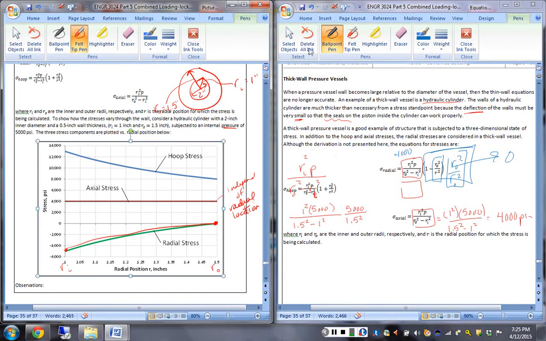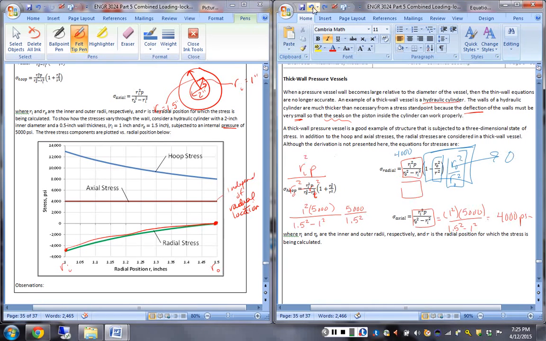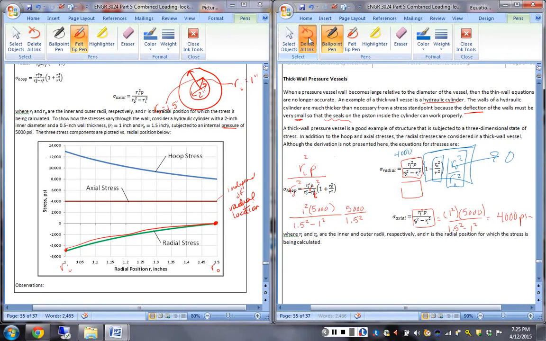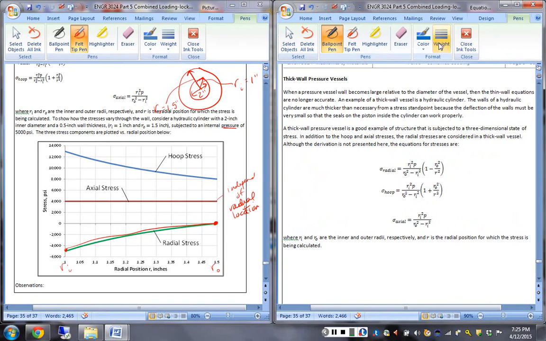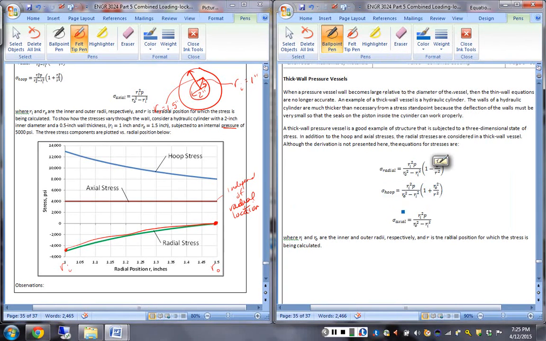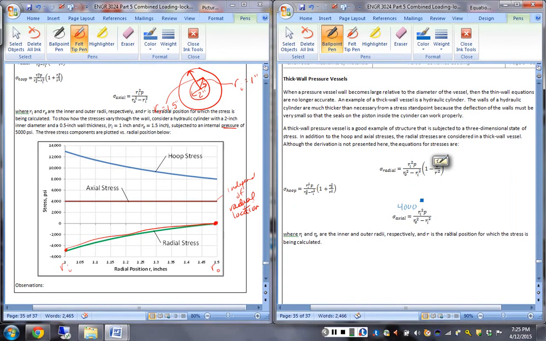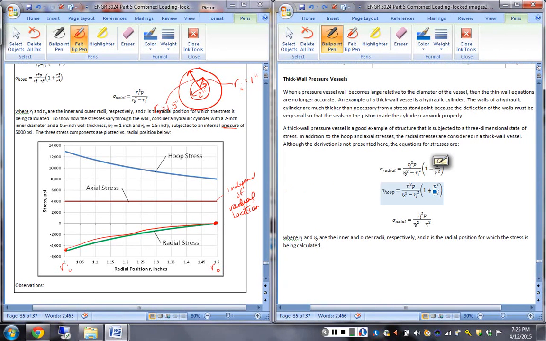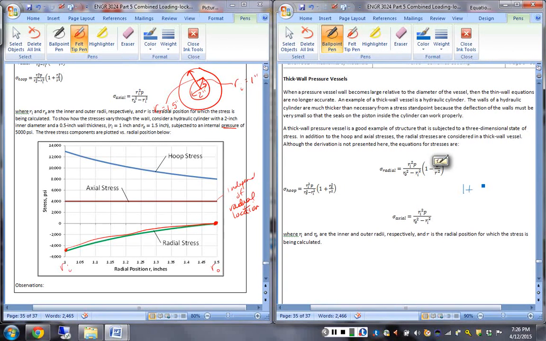If we look instead at our expression for the hoop stress, we have our same coefficient, which is 4,000, and we have a term that is 1 plus this ratio of the outer radius over our radial location, squared.